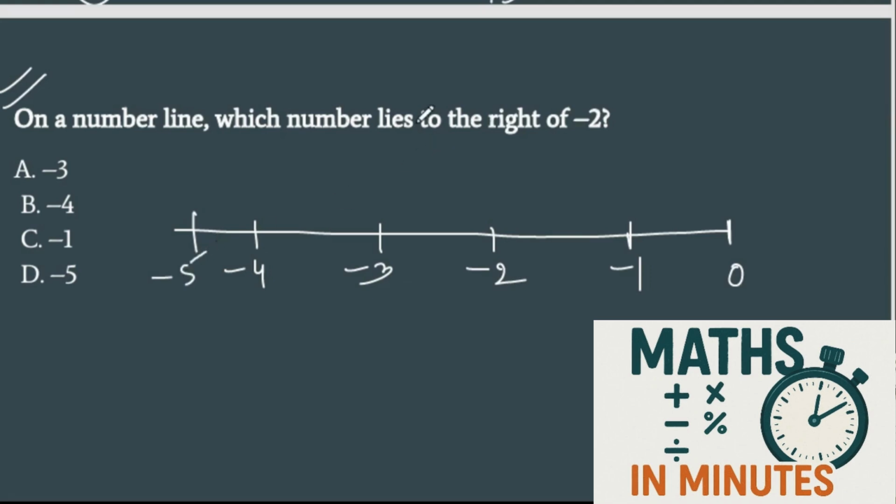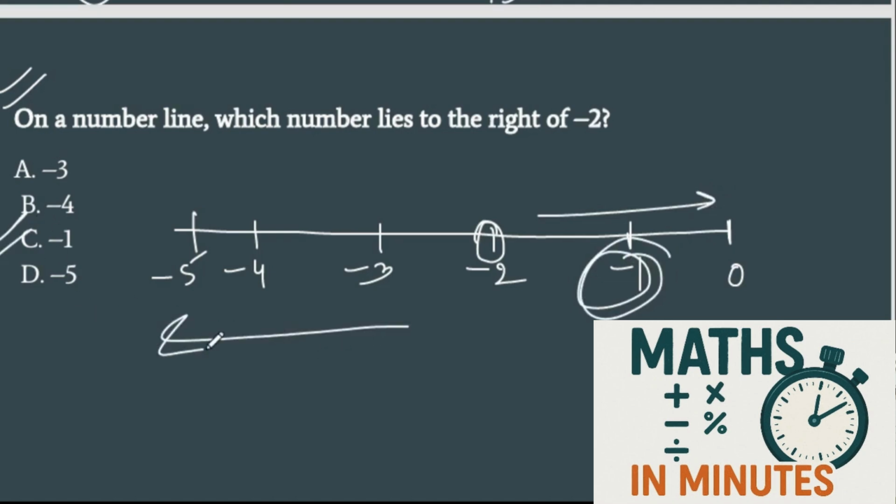Right? You have to tell right of number line. This is -2, right of -2 exists -1. Option number C. Rest of the numbers exist in the left of -2. Right? So the answer is -1. I hope now it is clear to everyone how to find the range of the rational number.